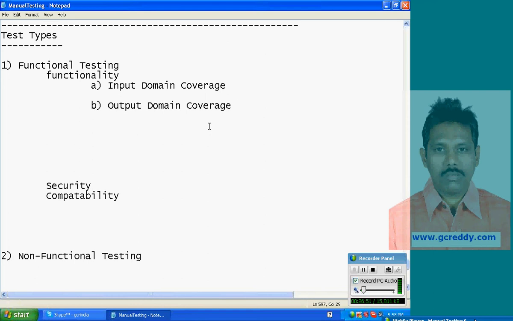See, all outputs can't be stored. Only some outputs are stored. Data storage is a different concept, output is a different concept. Some outputs are only for displaying purpose. Suppose 5 plus 3 equal to 8. 8 is output, that has physical existence.